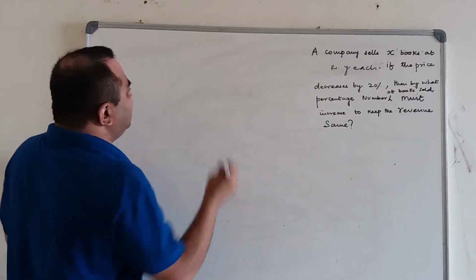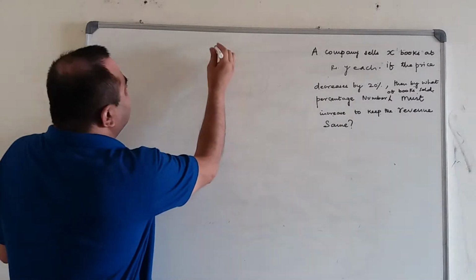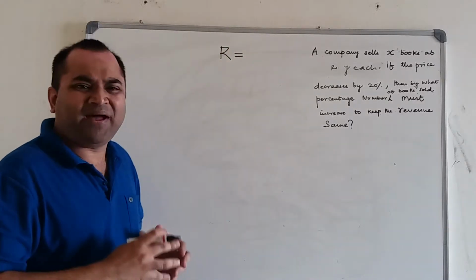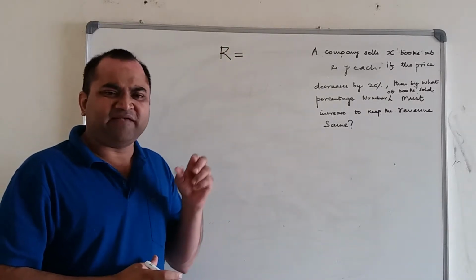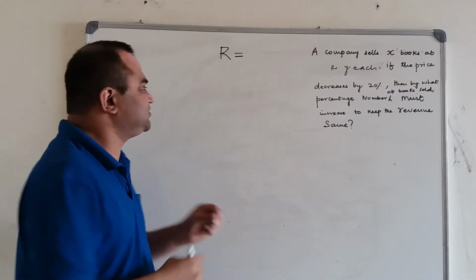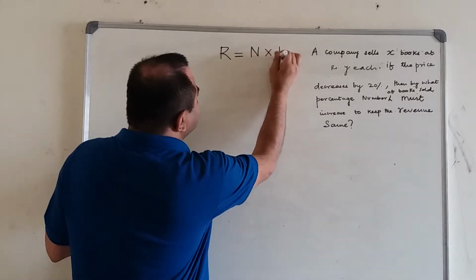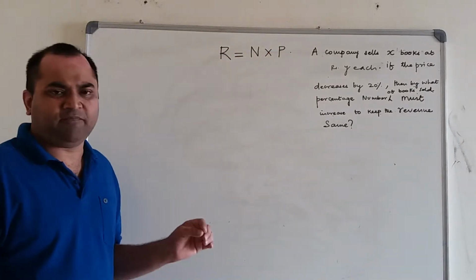So, let me form this equation. The revenue obtained by selling the books is a product of two factors. One is the number of books sold and the other is the price of each book.